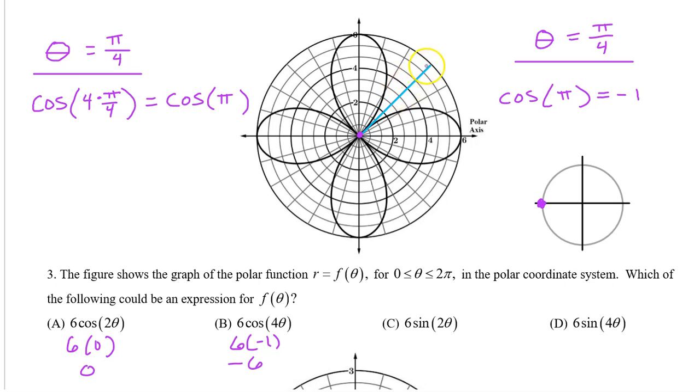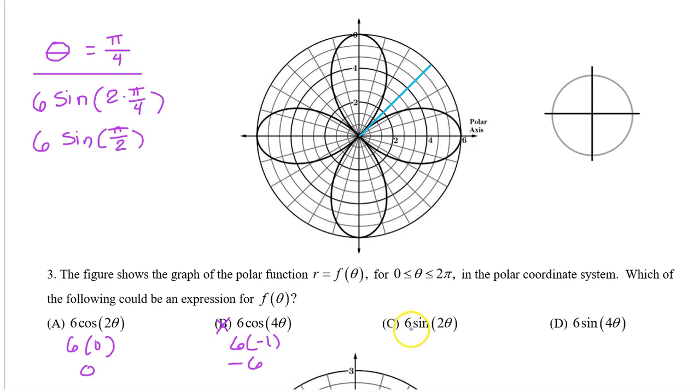At pi over 4 on the polar graph, an r value of +6 would be right here. An r value of -6 would be in the opposite direction, which would be right here. This is not a point on the graph of f of theta, so option B is eliminated.